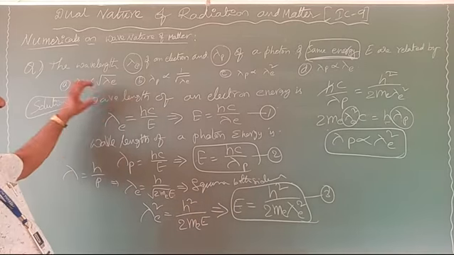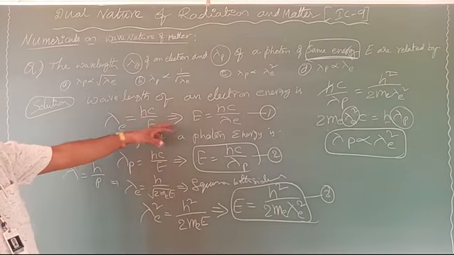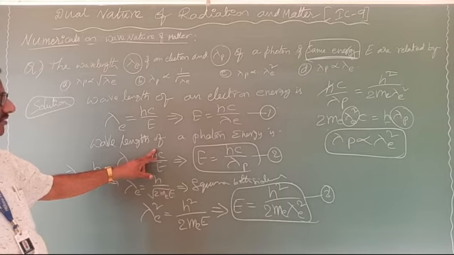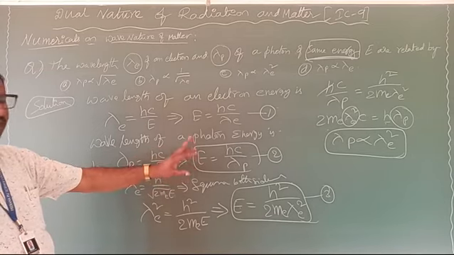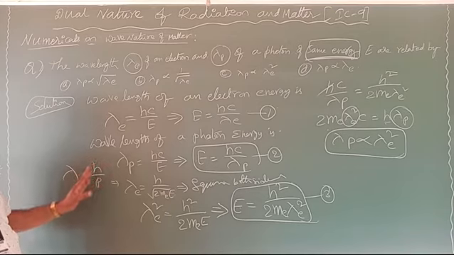To summarize: first, the wavelength of an electron with energy, lambda equals hc by E, or E equals hc by lambda E. It is equation number 1. Then the wavelength of a photon with energy, lambda p equals hc by E, or E equals hc by lambda p. Now from the de Broglie hypothesis, lambda equals h by p, with p in terms of energy.